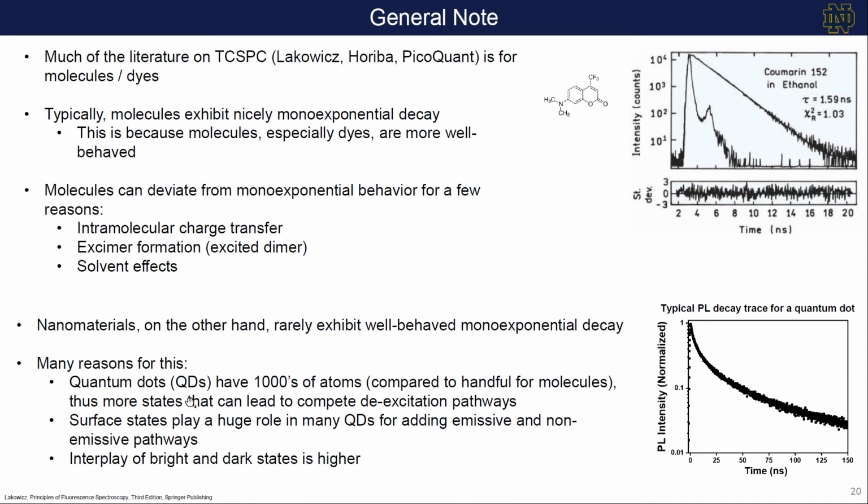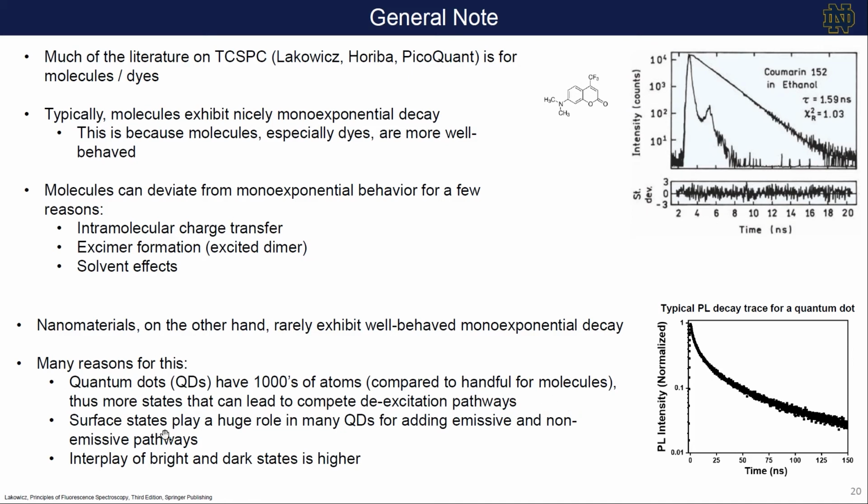So again, why are quantum dots or nanomaterials typically deviating from this? When you compare a quantum dot to a dye molecule, quantum dots have literally thousands of atoms, depending on the size, compared to a molecule, which has only a small handful. But all these different atoms see a fairly different environment, which can lead to different de-excitation pathways specifically in the quantum dot.